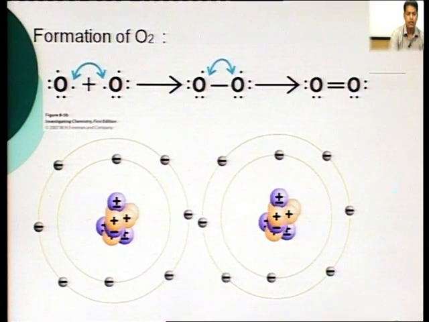You can see the picture here: in the valence shell there are 6 electrons, and in the inner shell there are 2 electrons, and the 4 electrons of 2 oxygens form a covalent bond.